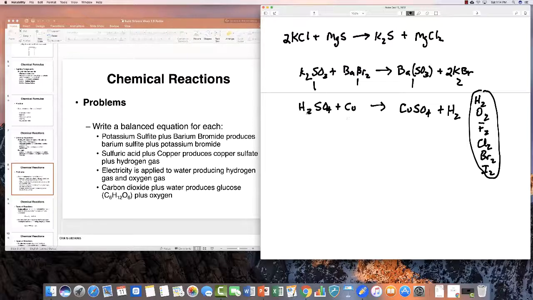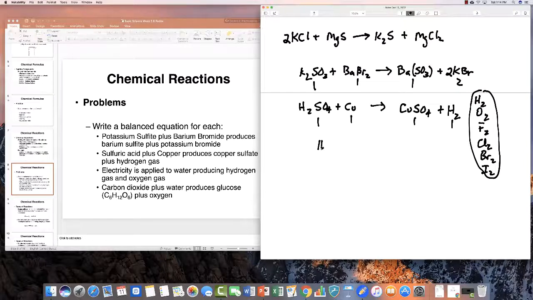So we look here, we have two here and two here. So it's balanced the way it is. So one atom or molecule of this combines with one atom of that to form one molecule of this and one molecule of that. Electricity is applied to water to produce hydrogen and oxygen.